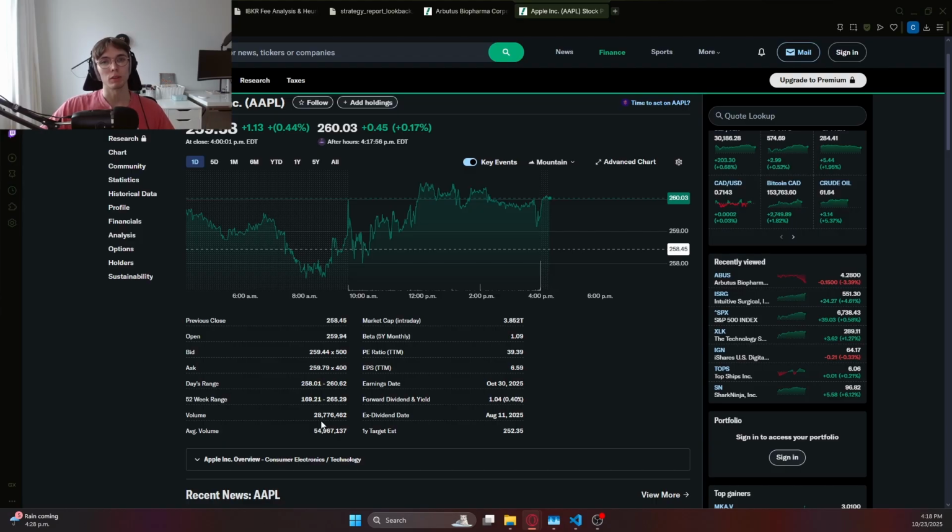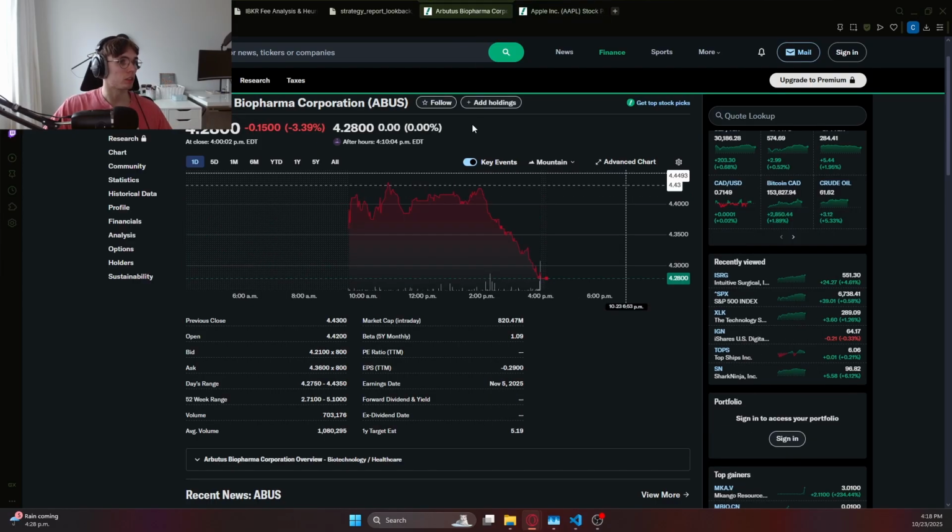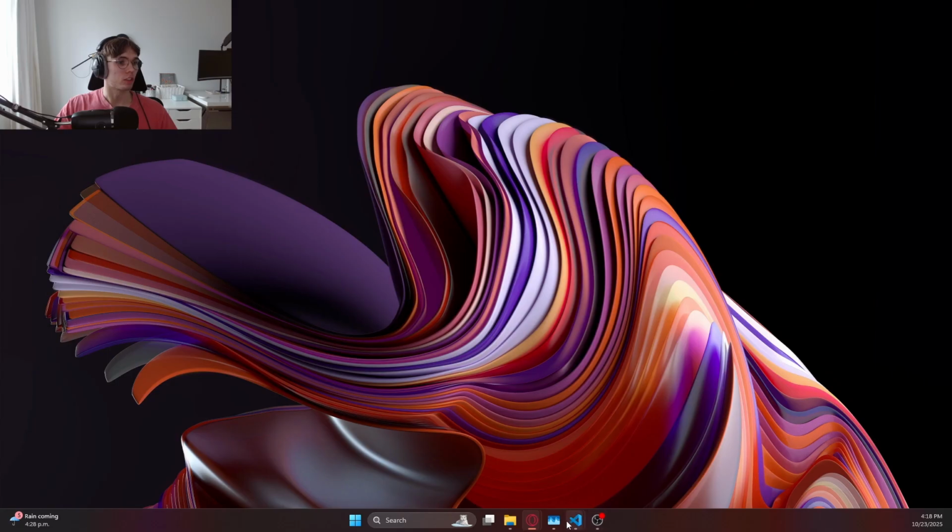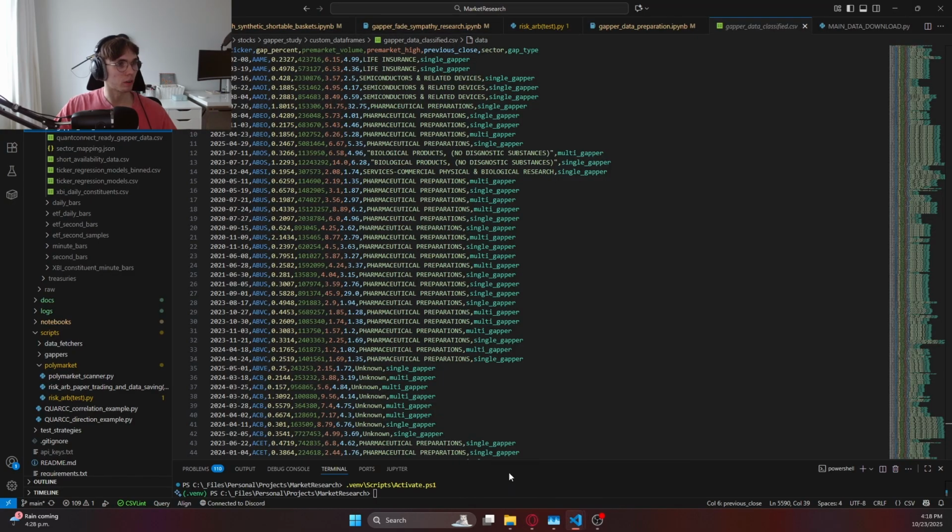For example, although this stock here, ABIS, is illiquid at the moment, the study right here was a gapper study. So the point at which I would be trading this stock would be during a time where there was a lot of volume.